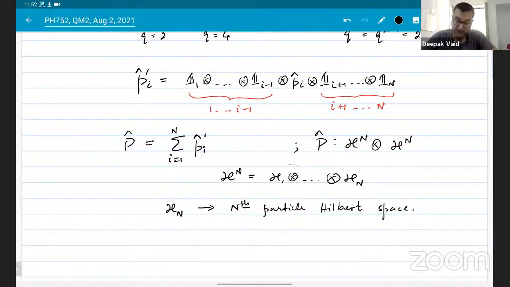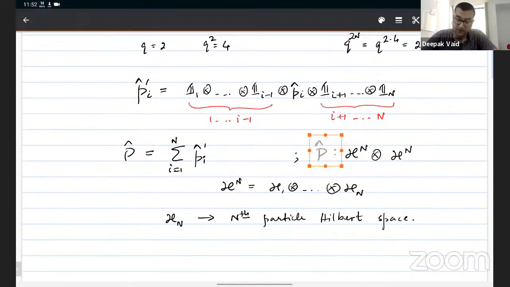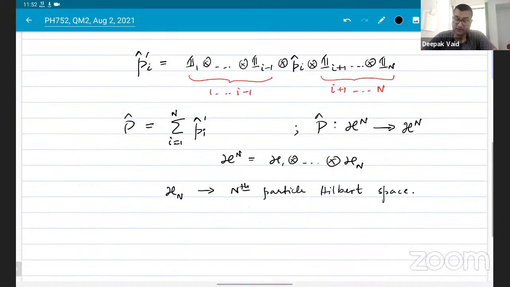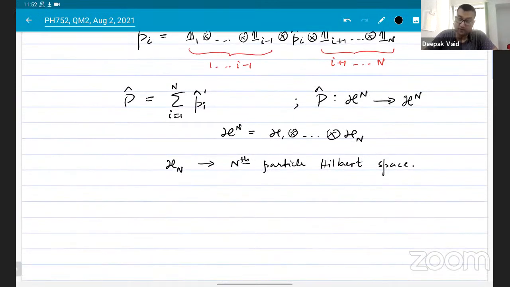This is the tensor product of all of these Hilbert spaces. This is just a single particle. So this operator P acts on this tensor product space, and it gives you another vector in the tensor product.